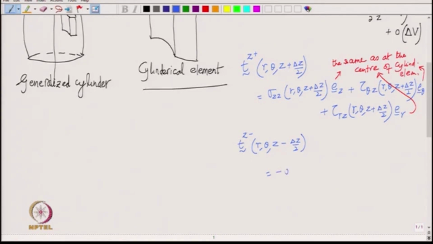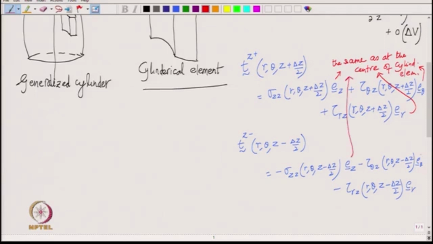So, this is then minus sigma z z of r, theta, z minus delta z by 2 into E z minus tau theta z of r, theta, z minus delta z by 2 into E theta minus tau r z of r comma theta comma z minus delta z by 2 times E r, and again the basis vectors are the same, they have not changed.